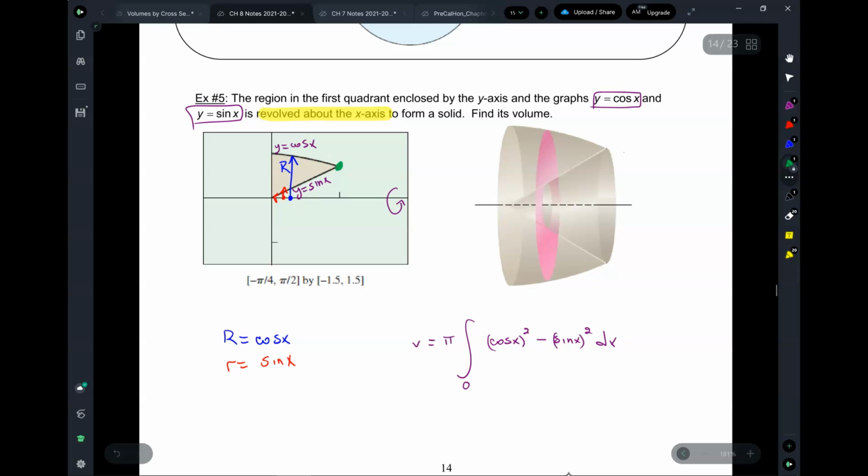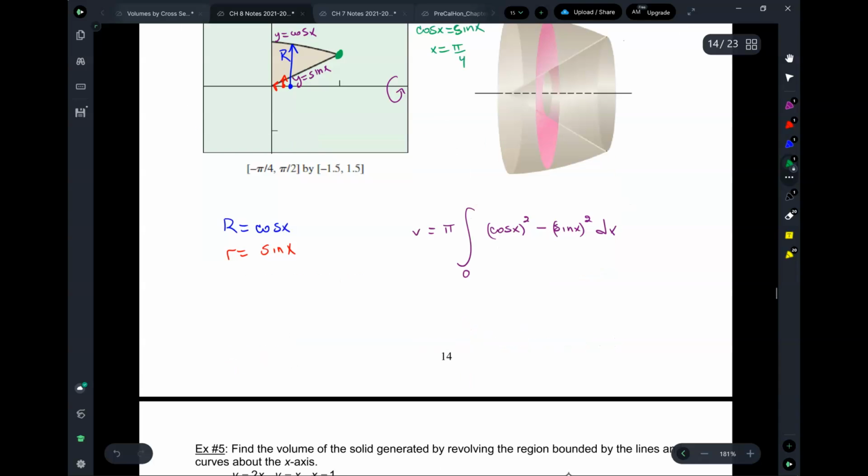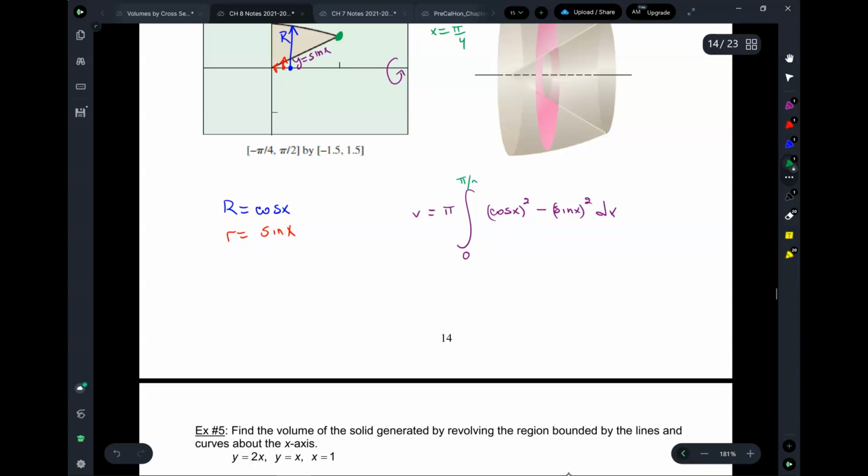If you've got your calculator and it's something you need to graph, you graph it, you find the point of intersection. But where is cosine x equal to sine x? When x equals pi over 4, right? Because that's where cosine x and sine x are root 2 over 2. So we're going to go from 0 to pi over 4.